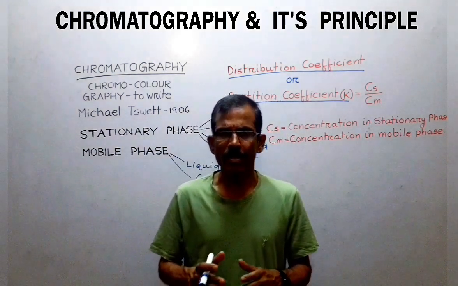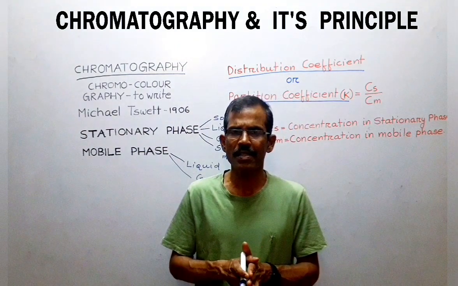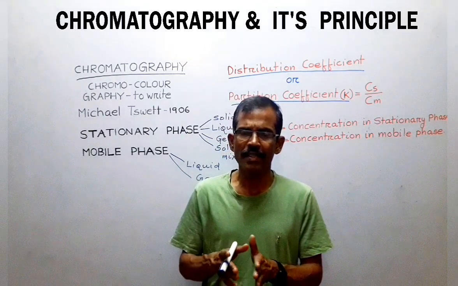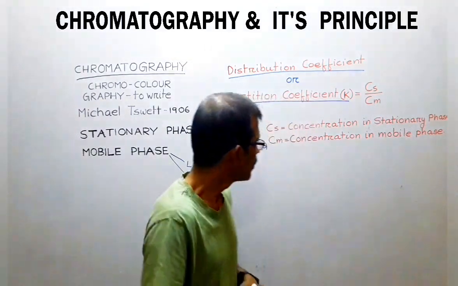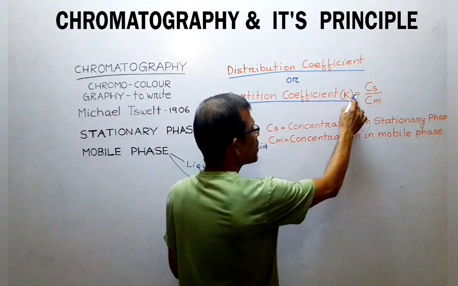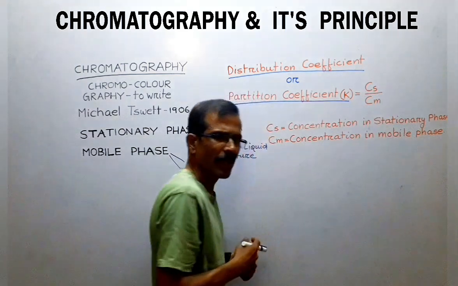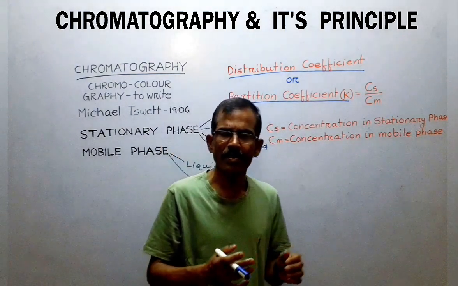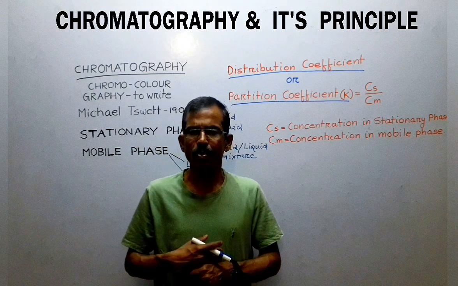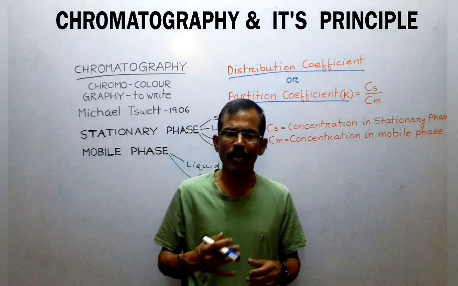The term partition coefficient describes the relative concentration of solute between the mobile phase and the stationary phase. This coefficient is denoted by the letter K, which is equal to Cs by Cm. Cs is the concentration of the solute in the stationary phase, whereas Cm is the concentration in the mobile phase.